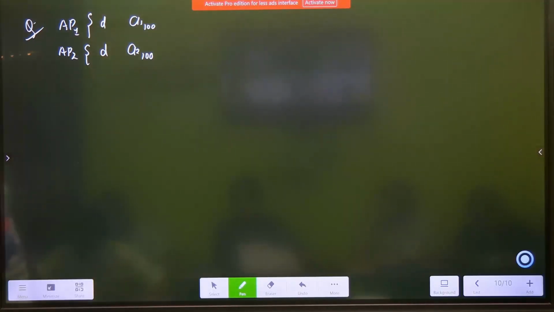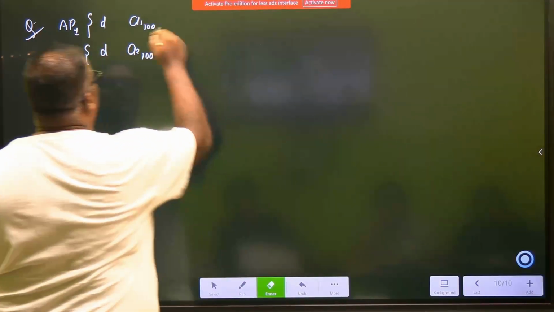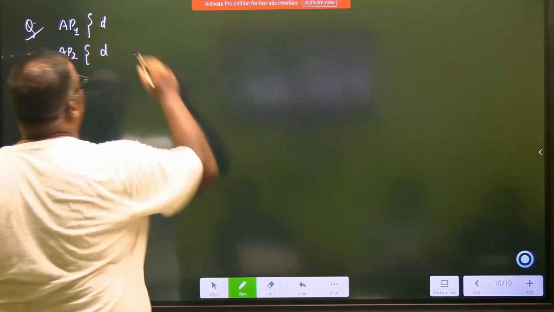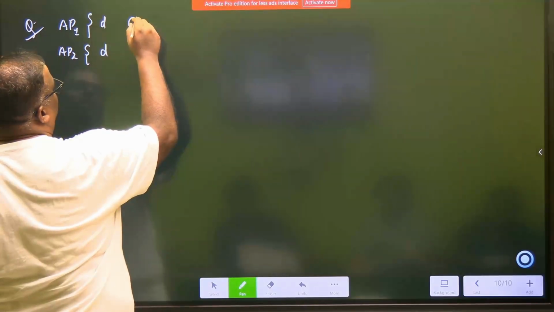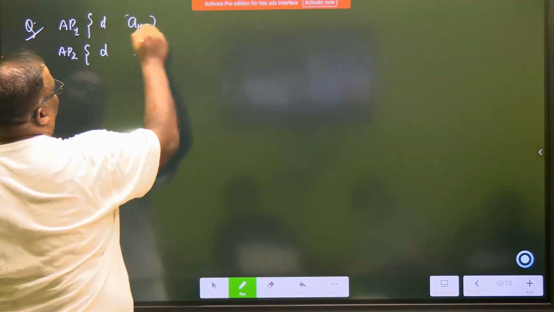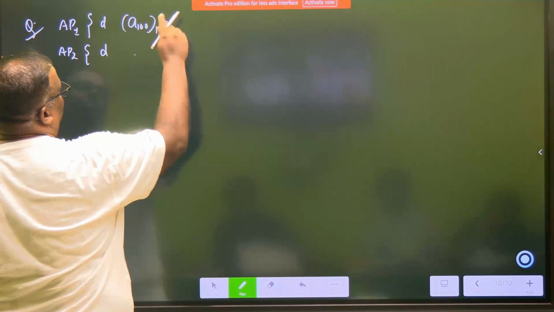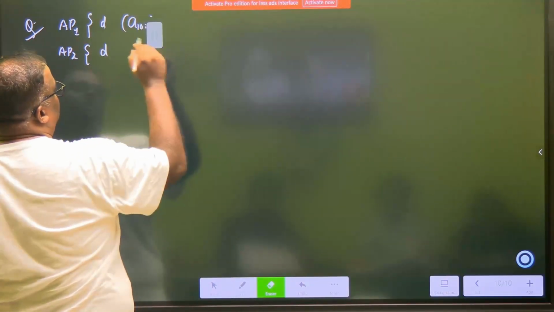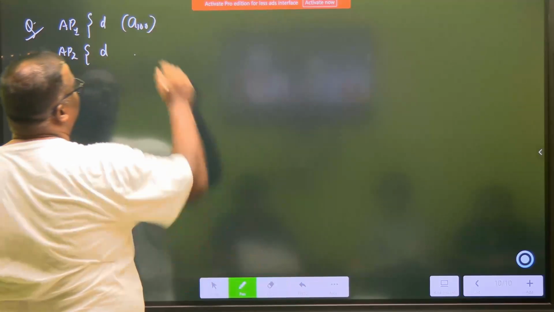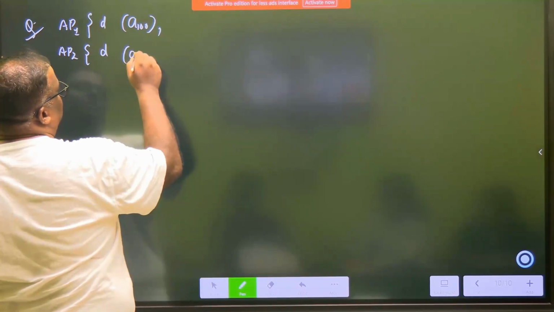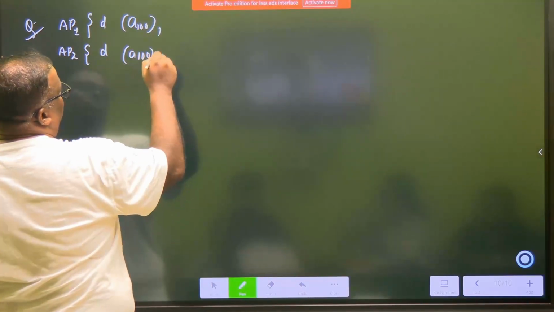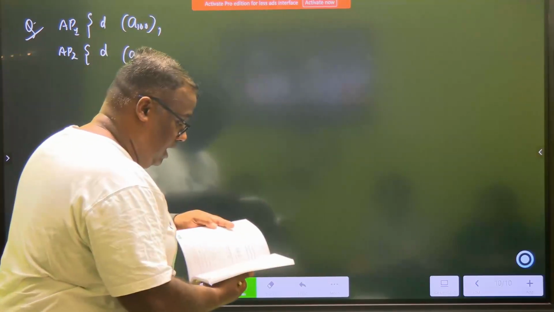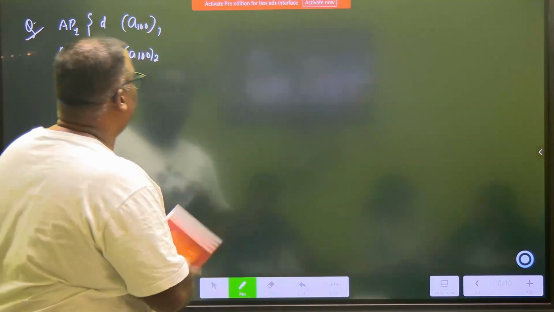Or else if you have confusion, you can write like this also: A100 of the AP1 and the 100th term of this AP, written as A100 of the second. They say that the difference between their 100th term is 100.